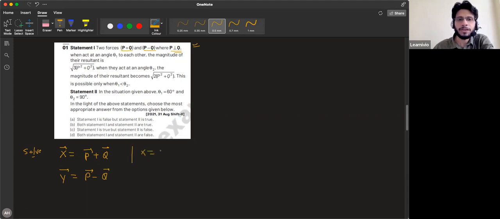So can you tell me the magnitude of X? See, P and Q are perpendicular. Adriel, what is the magnitude of X here? P and Q are perpendicular. Just add the squares. Yeah, root over P square plus Q square, yes, right?